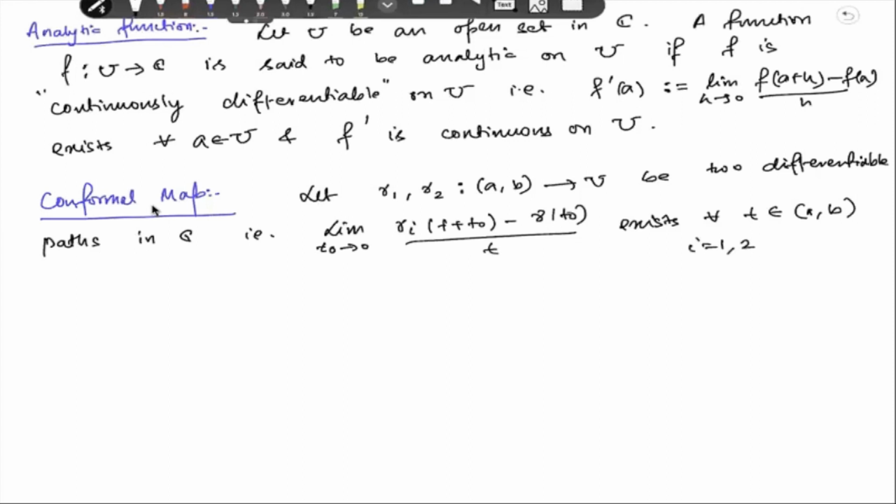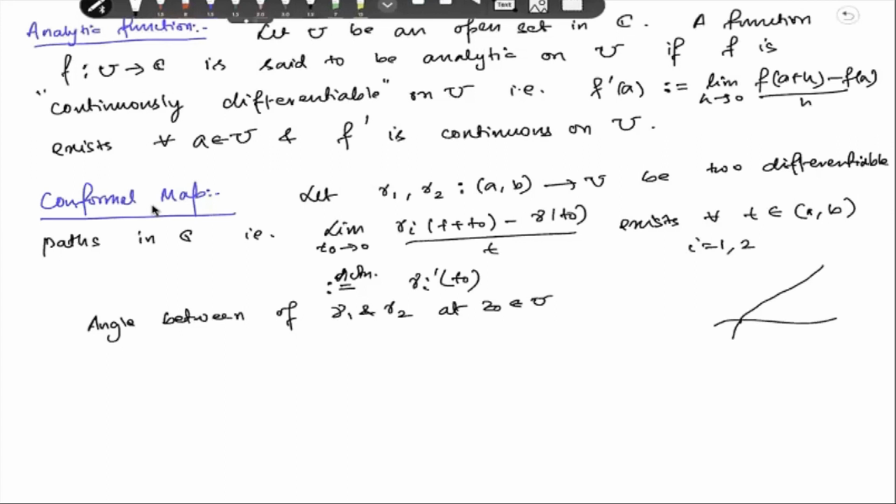Whenever this limit exists, we denote it by gamma i prime of t. Now, first let me define what we mean by the angle between gamma 1 and gamma 2 at some point z naught belonging to U. So what I am assuming here is that gamma 1 and gamma 2 intersect at this point z naught.